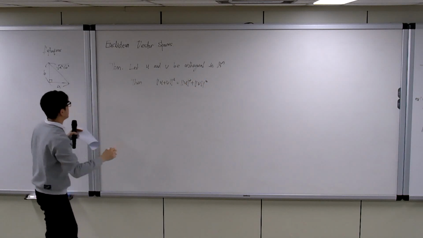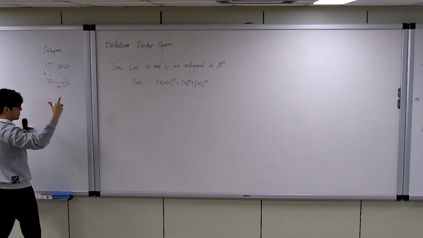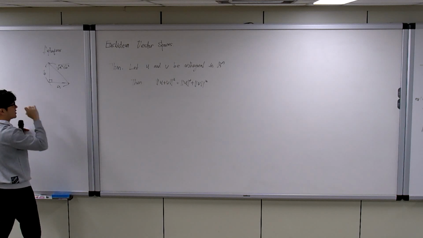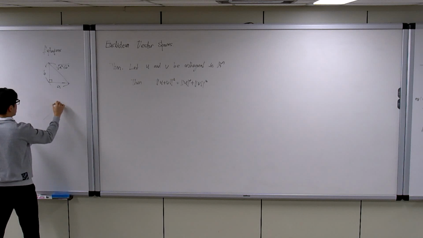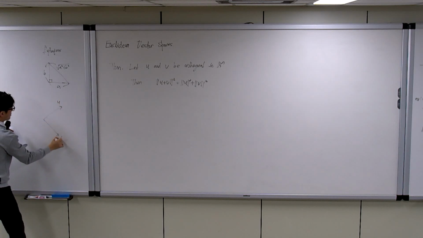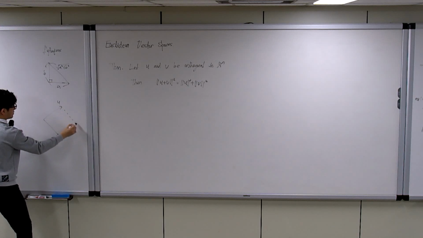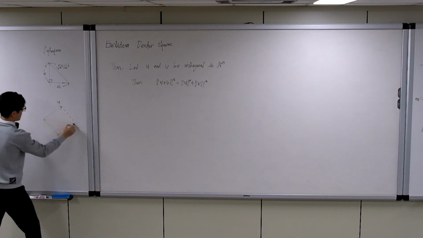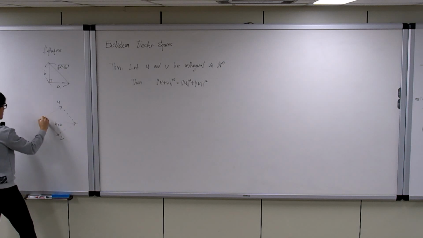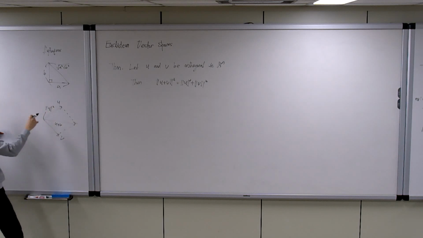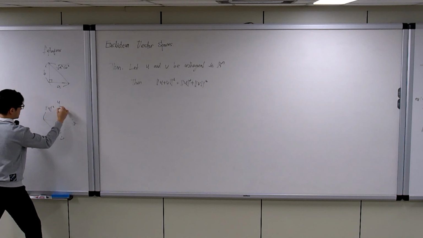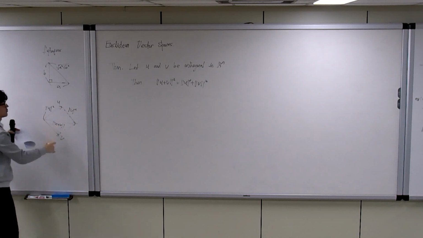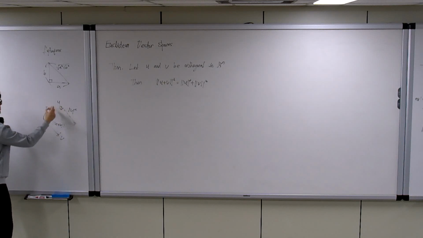It means if you translate it to the origin, then u vector and v vector and u plus v vector: the norm of u squared plus the norm of v squared will be the same as the norm of u plus v squared, as in the Pythagoras rule.